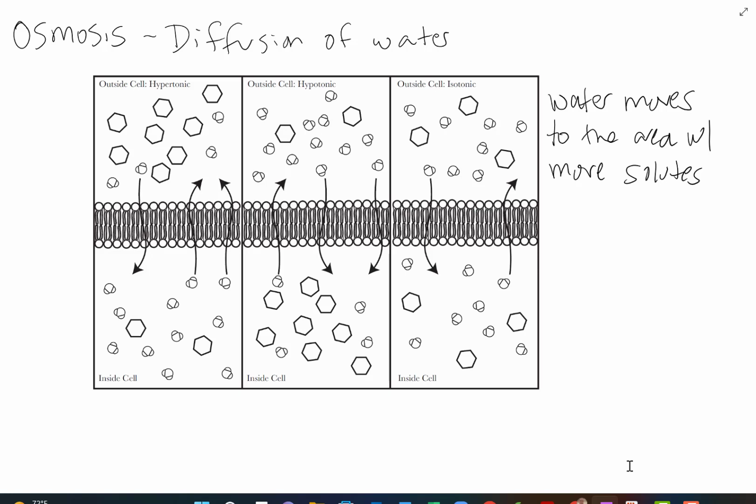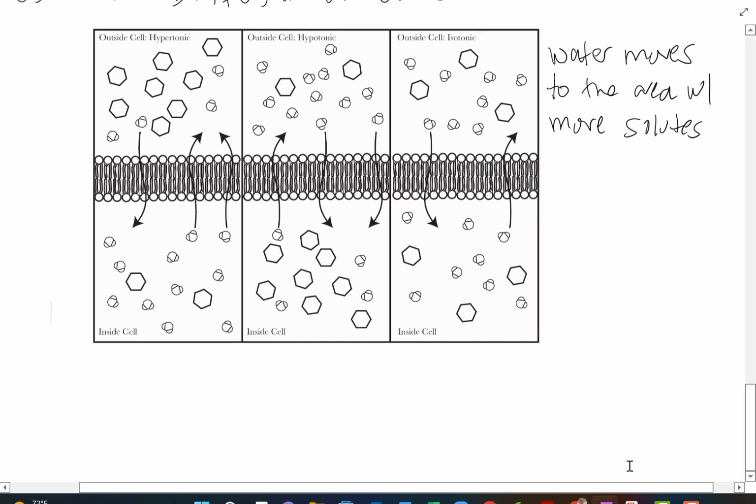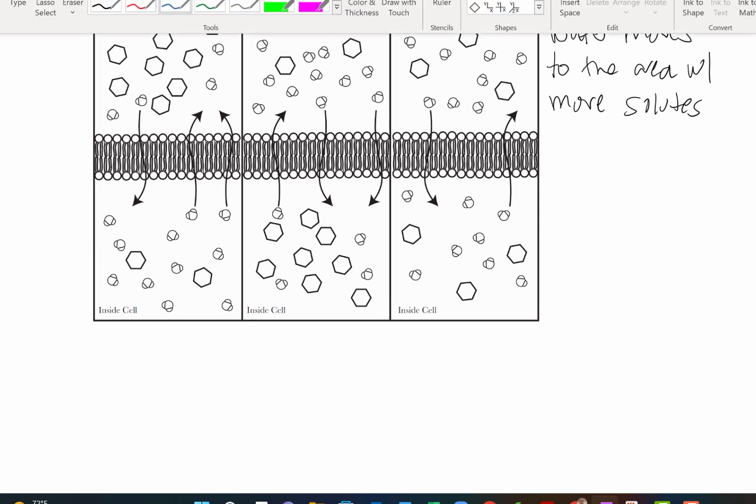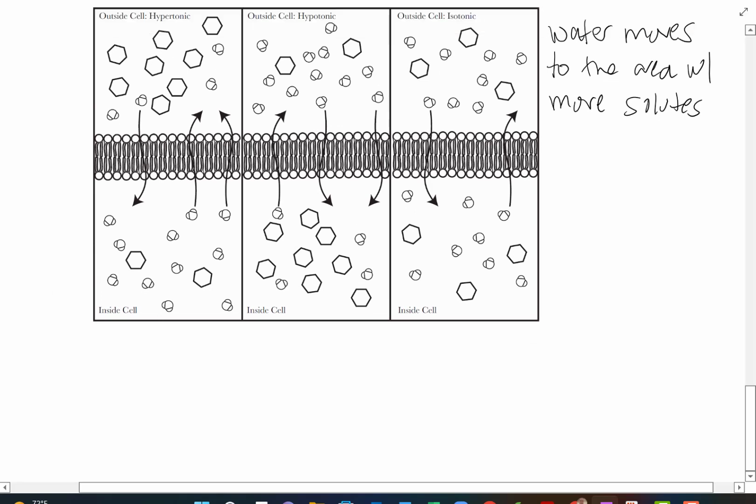So if we look at our first environment here, let me bring up a yellow. You can see this term right here. In this first cell that we have, inside the cell, you can see we've got a couple of solutes. Outside the cell, we have a lot of solutes relative to the inside.